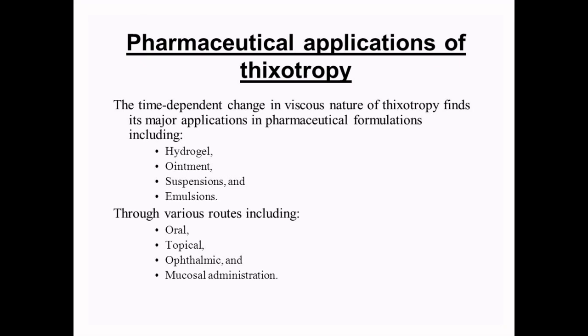In the case of hydrogel and ointment, thixotropy is very important. We have a very consistent, very viscous system, but when we apply shear stress or force, it very easily spreads over the skin. In a suspension, in the stable condition it looks very viscous, but when we agitate or shake the container, the particles become evenly distributed and it becomes thinner.